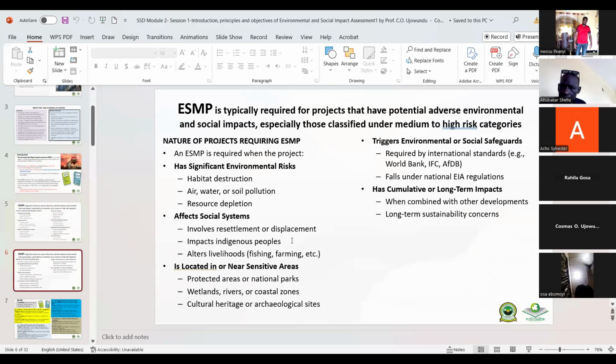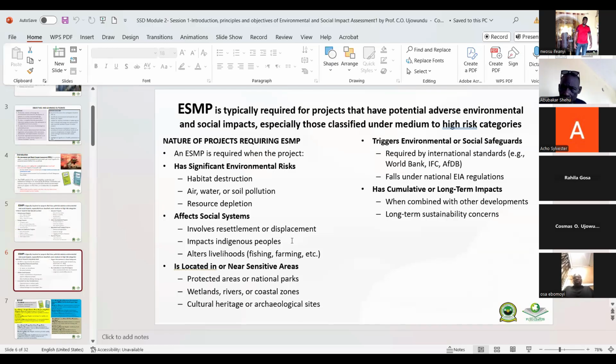It's also located in or near sensitive areas. When we talk about sensitive areas, we're talking about areas that accommodate natural resources like wetlands, rivers, or coastlines, and areas that also contain some cultural heritage. You will see communities that will tell you that in our place here, we call it Alamo, we call it the devil's forest, where the gods exist.